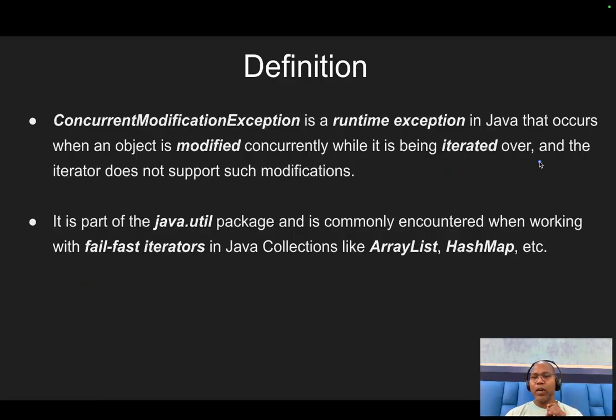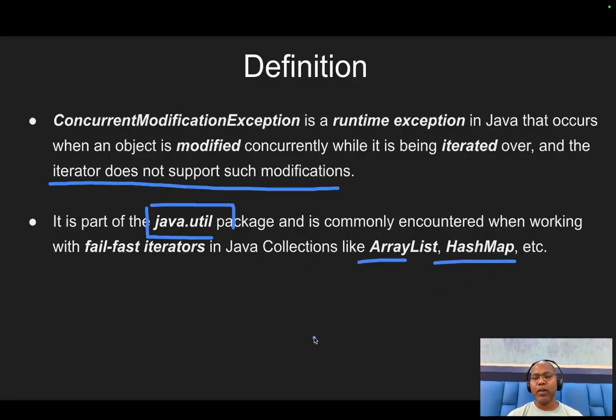So an iterator does not support modification. This is Java's design: whenever you start an iterator, by default it does not support modification. While iterating, if you modify the original structure by changing, adding or removing, the iterator does not support it. This exception comes under the java.util package, and it commonly occurs when you are working with ArrayList, HashMap kind of collections.